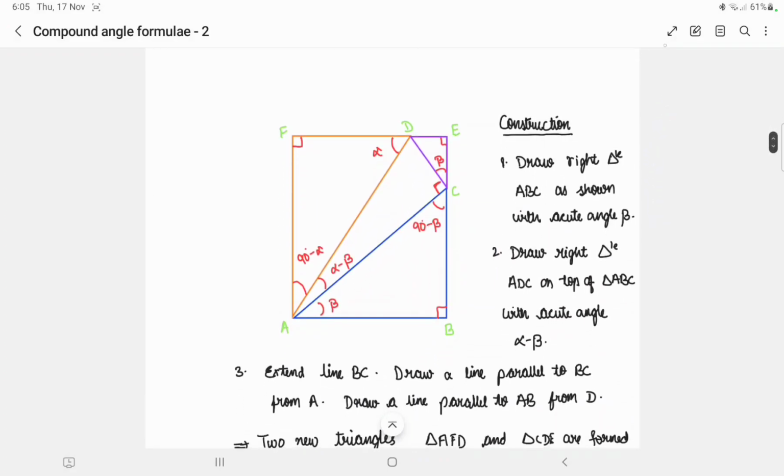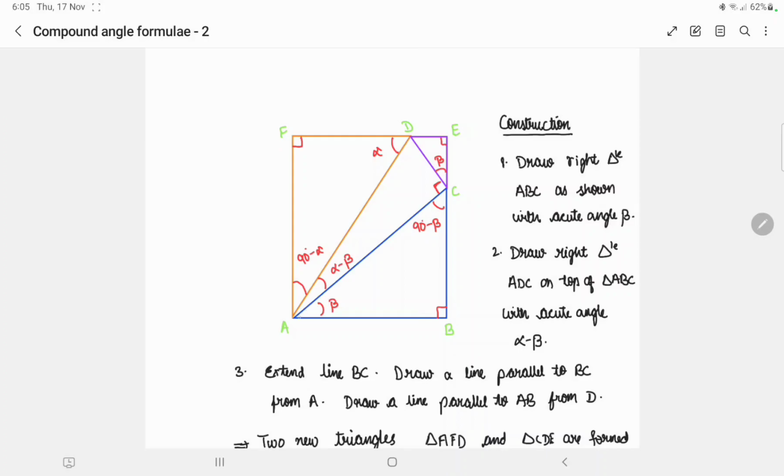First of all, we are going to draw a right triangle ABC, right? Now the acute angle here is beta. On top of this, we are going to keep our required triangle with acute angle alpha minus beta.